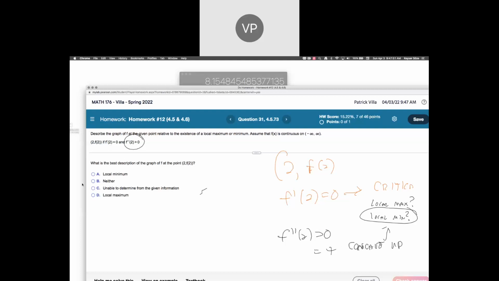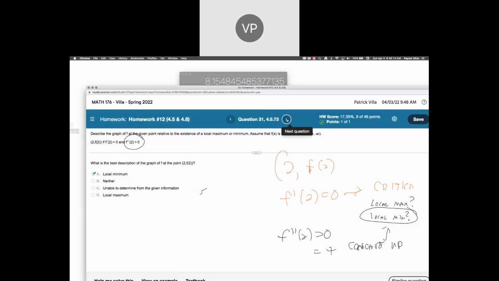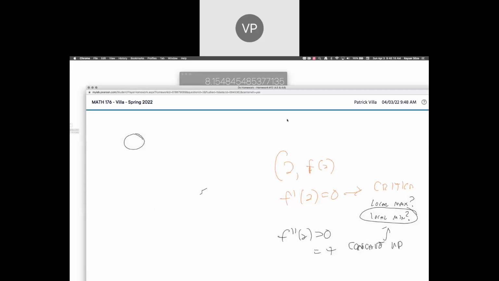Okay, so you definitely know it's a local minimum. And you can say it's definitely not a local max. Unable to determine, not enough. They're not talking about any absolute max or mins. They just want to know about local max or min. So that's all we know right there. That's all we need to know for that number 31.